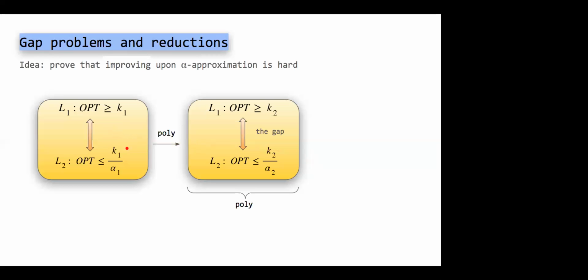So this is, say, alpha 1 and alpha 2, and I will use this kind of arrow to indicate how large this gap is. This reduction should map the instances from language L1 here to language L1 there, and the same for L2. So if we can distinguish languages L1 and L2 on the right, then we can also use this reduction to distinguish them on the left.